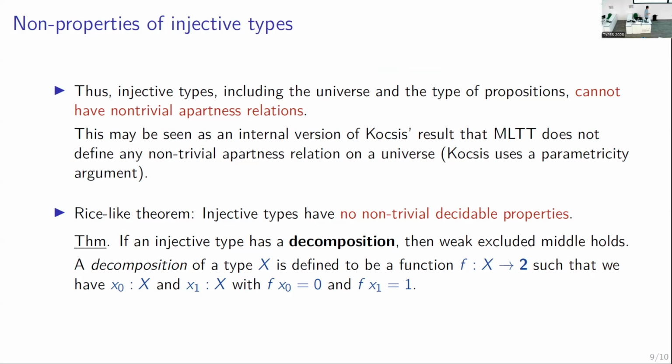And so you can never exhibit an interesting decomposition for an injective type. So in particular, questions like, is an ordinal equal to 0 or something like this will never be decidable. Any sort of statement you come up with about ordinals will not be decidable. And again, it's just a consequence of injectivity.